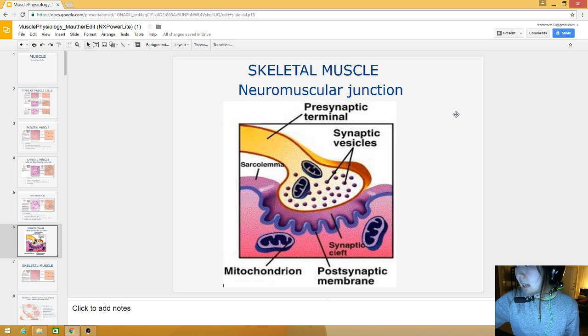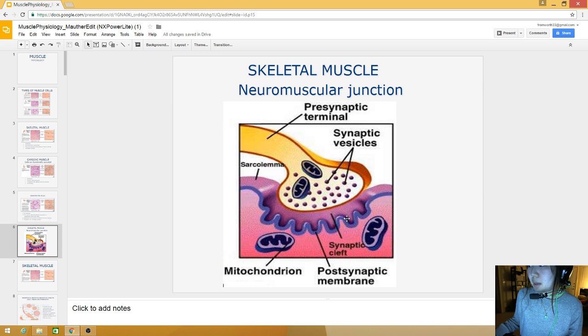Now let's take a look at muscle cells more in detail. The neuromuscular junction is what drives the muscular activity. So we have acetylcholine receptors right here at the postsynaptic membrane.